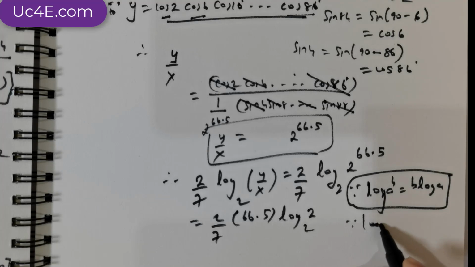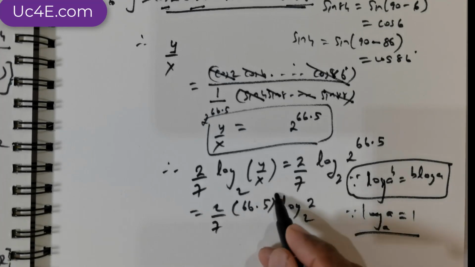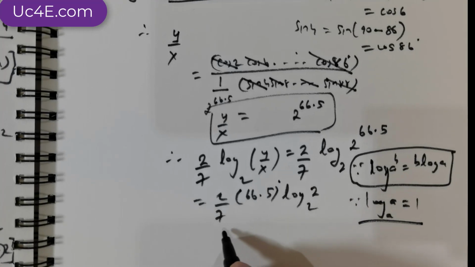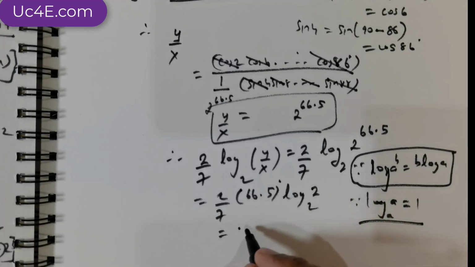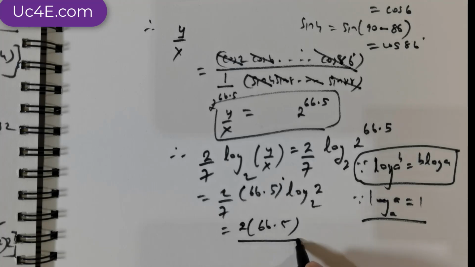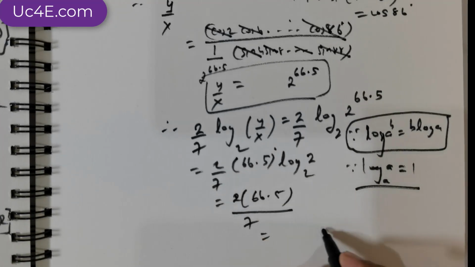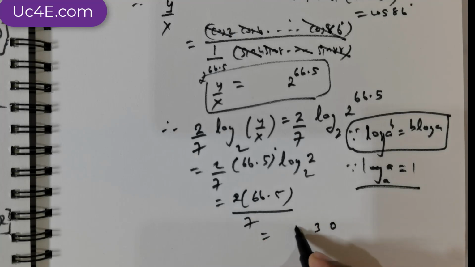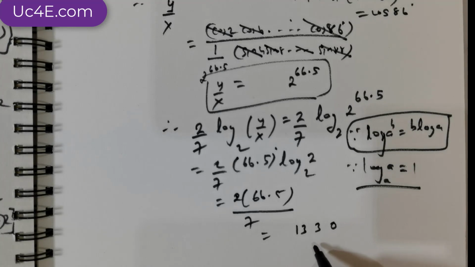Since log a to the base a is equal to 1, this gives us 2 times 66.5 divided by 7. 2 times 66.5 is 133.